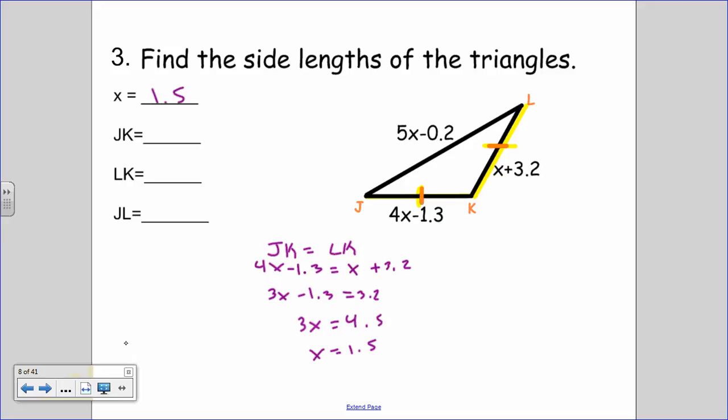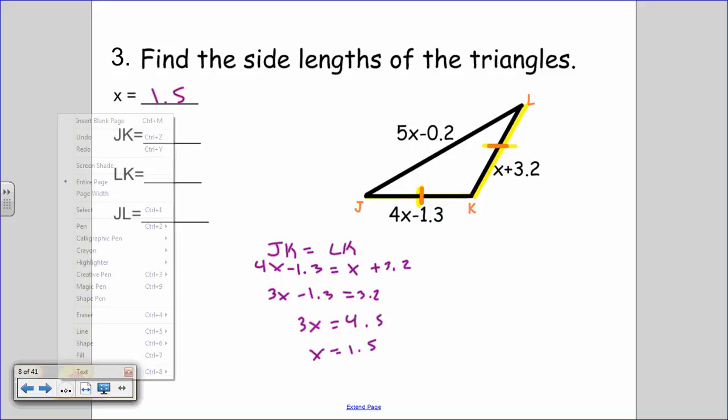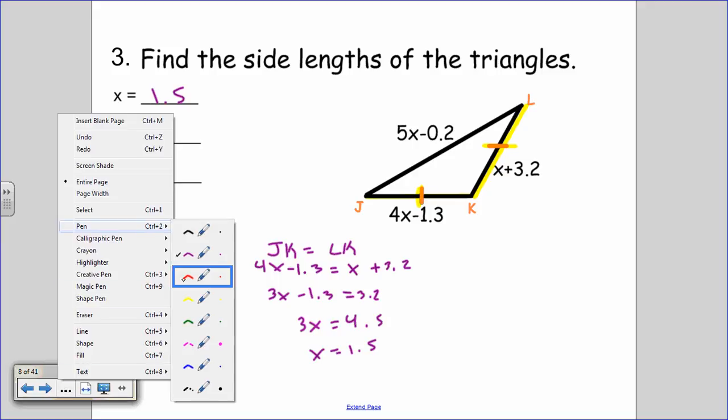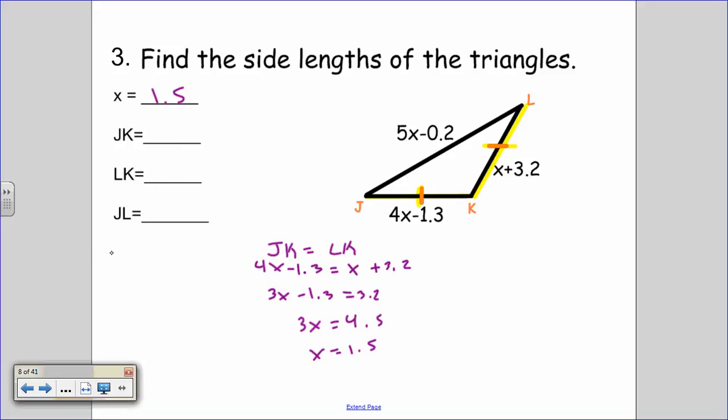And now that I know what x is, I can use it to answer the rest of the questions. First, I'm going to find the length of JK. JK is 4 times x minus 1.3. So that means 4 times 1.5 minus 1.3.